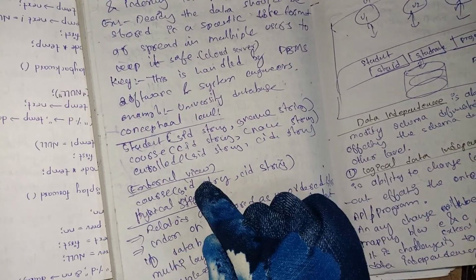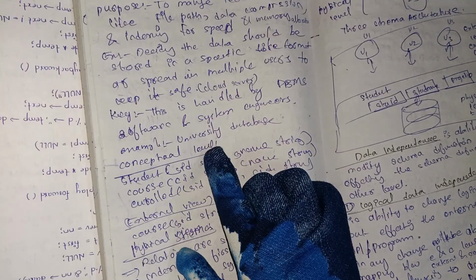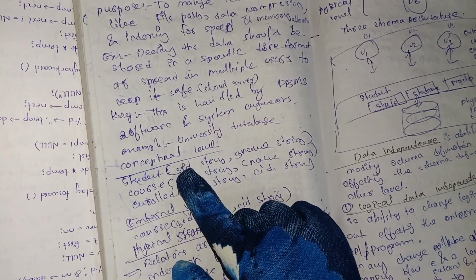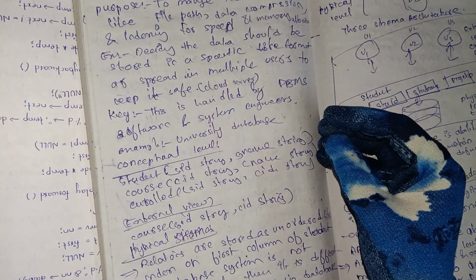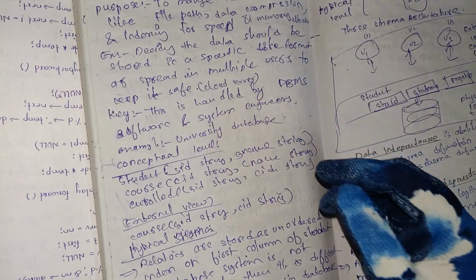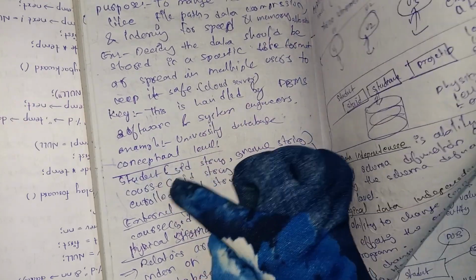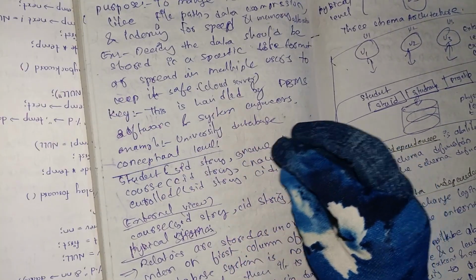And then the external view. So what does the conceptual level mean? It shows how the data is related and what data is present in this level. So the student table, course table, and enroll table are present in the database at this level.